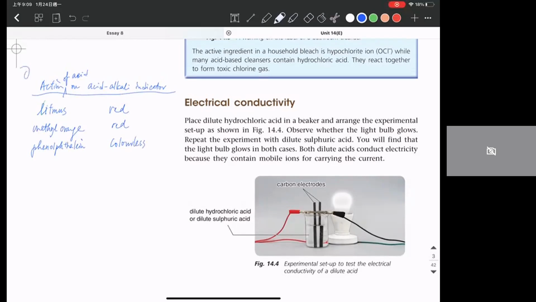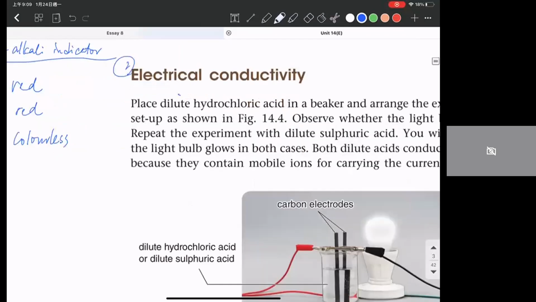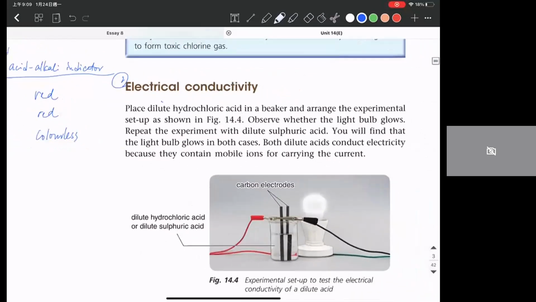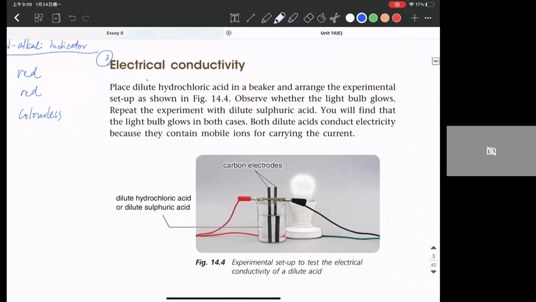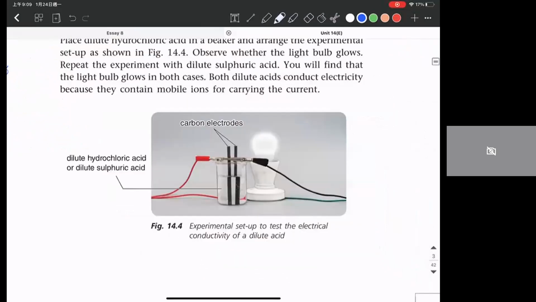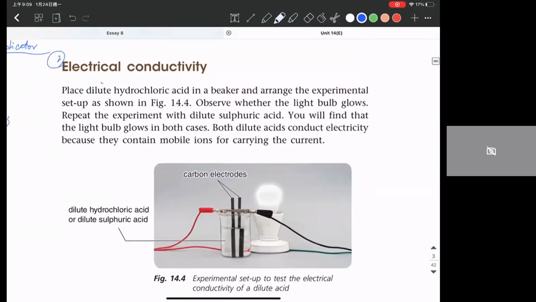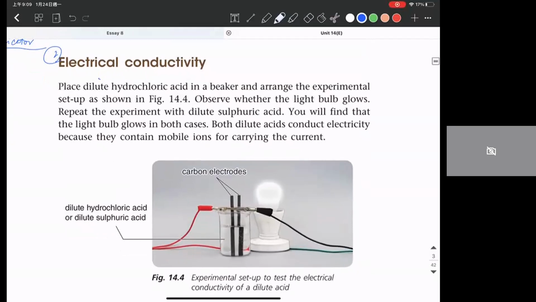Number 2, electrical conductivity. So you know that acid conducts electricity well. So just circle for me the most important words which account for the electrical conductivity of acid. What words are very important? What is that? 2 words.